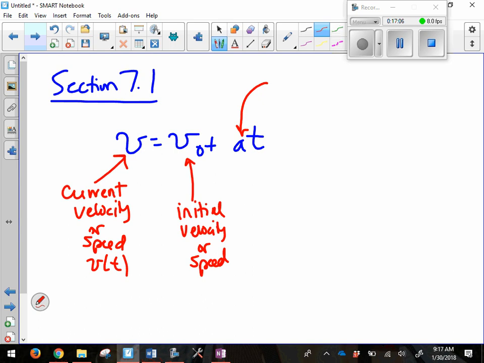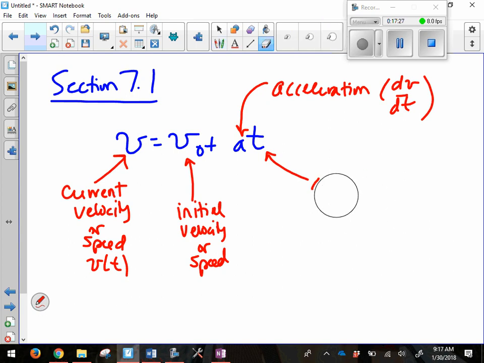And what's A? The acceleration. In this case, yes, which we're going to get to and how we're going to turn this into a differential equation. And then what's t? It's your current time, at which I'm measuring my v.